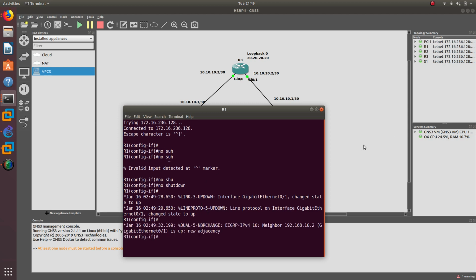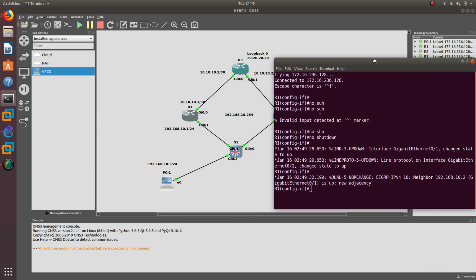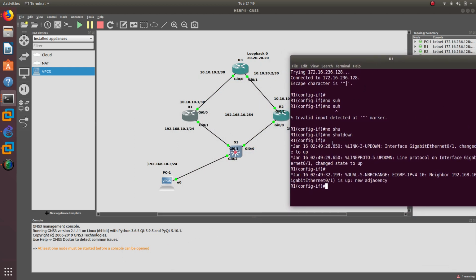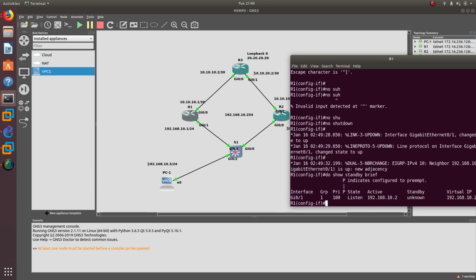So you can see it came up. HSRP is up too. This is router 1, which has a priority of 100. And if we do show standby brief, it's listening. So they're still trying to figure out who's going to become the active router and who's going to become the standby router.